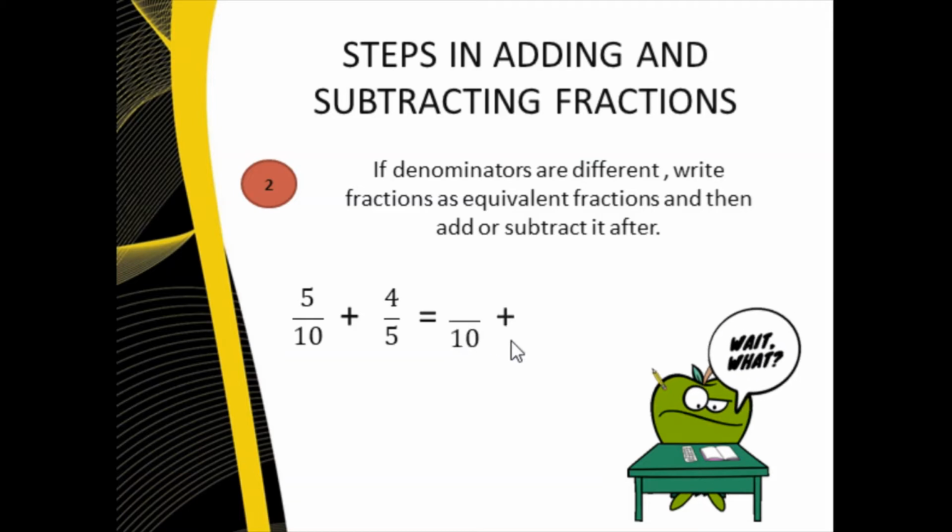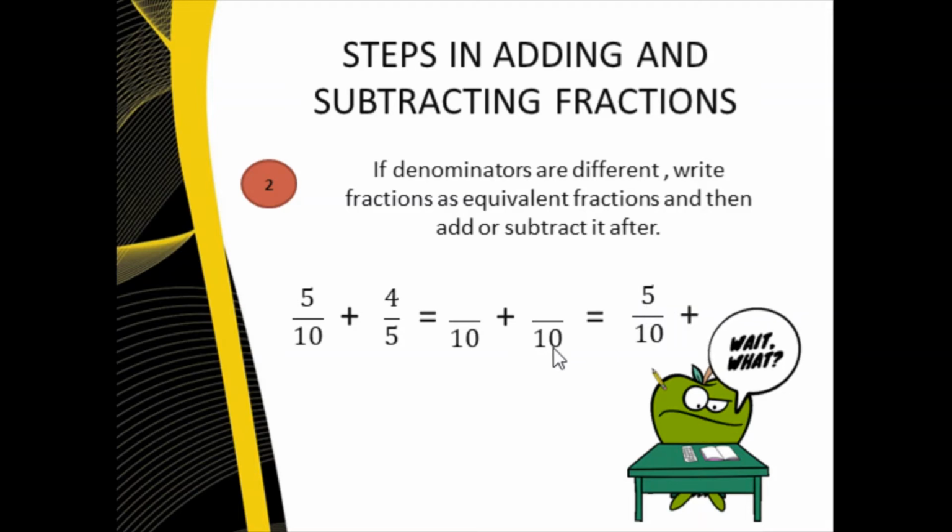So, we write 10 as the denominator and multiply each and divide by the original fraction. So example, 10 divided by 10 is 1 times 5, we get 5.